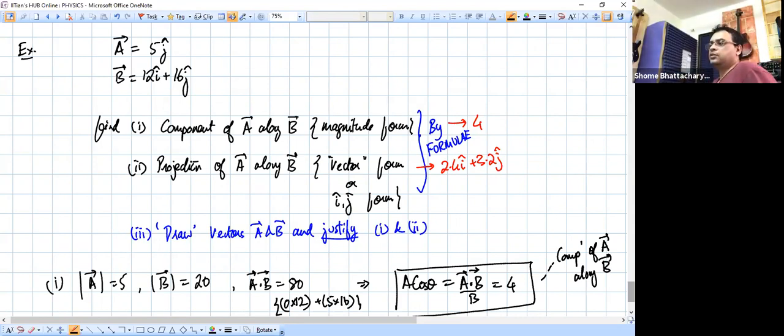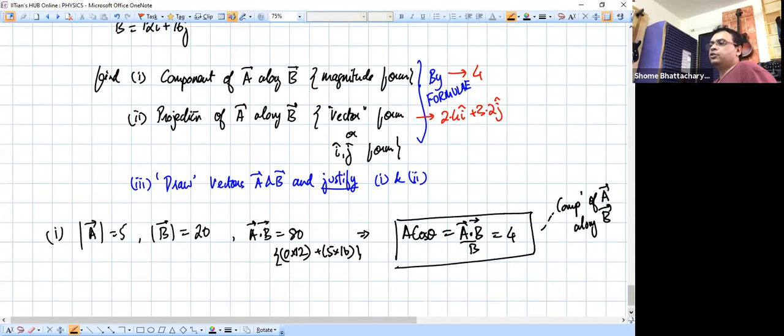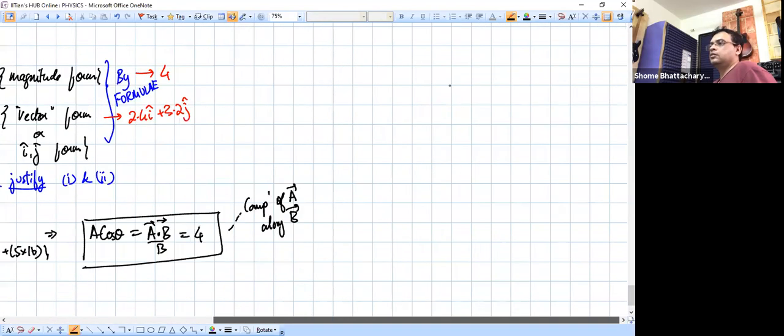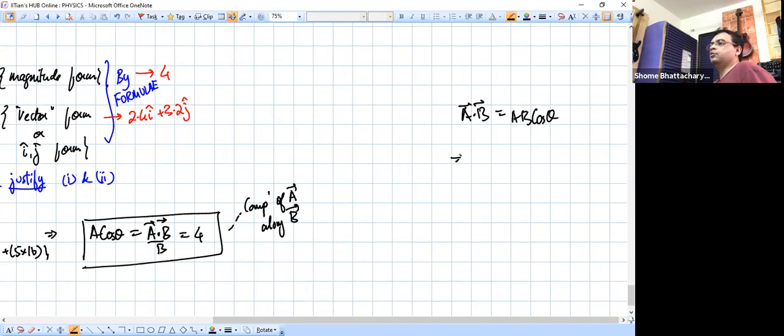Sequence is very simple. Definition of A dot B क्या होता है? AB cos theta. So therefore, what is A cos theta? It is just A dot B divided by magnitude of B. Now what is A dot B?